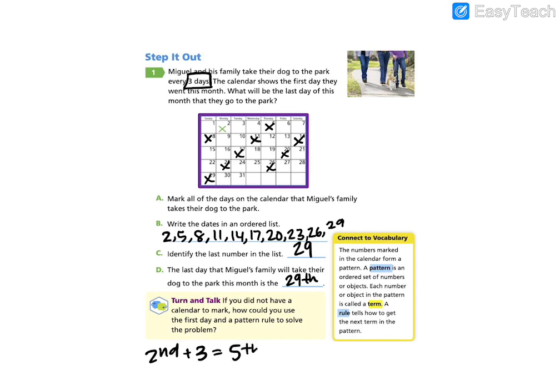That would give us the 5th. 3 more days would give us the 8th. 3 more would give us the 11th. So if we knew this pattern rule and the day it started, right, that first term, then we could find the last day of the month that they take their dog to the park.